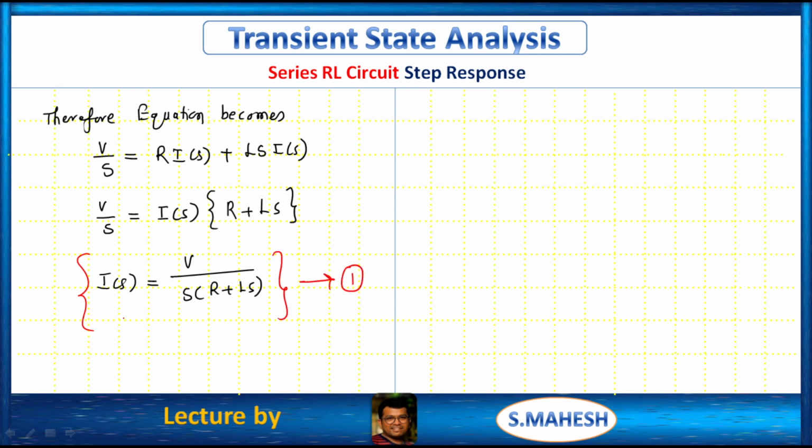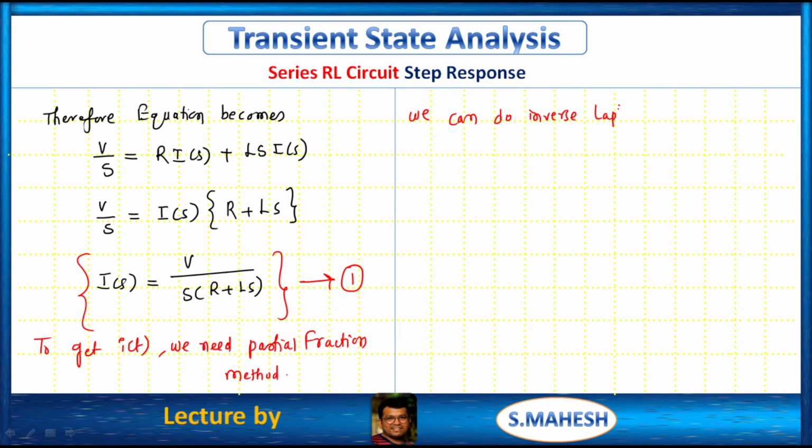To get i(t), we need the partial fraction method, and then we can do the inverse Laplace to get i(t).